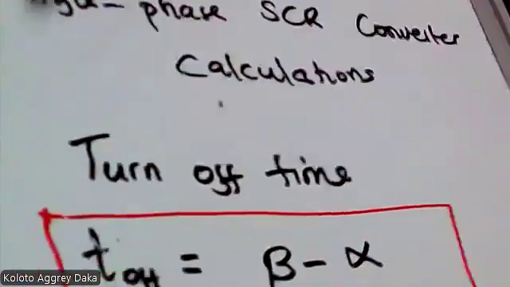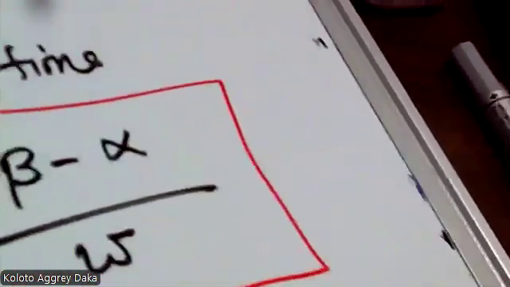So that is the turn-off time. What about the average output voltage? What's the formula? We are just discussing the formula, then we'll solve later.